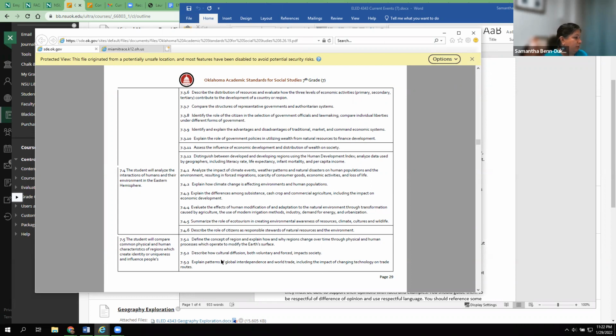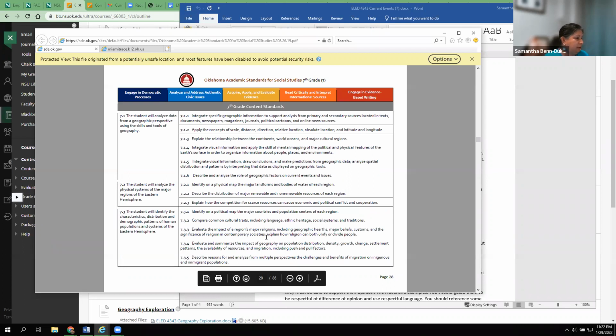For example, 7.5, you might choose 7.5.2, describe how cultural diffusion, both voluntary and forced, impacts society. So in this case, they would be looking at society in Syria and places in the region.